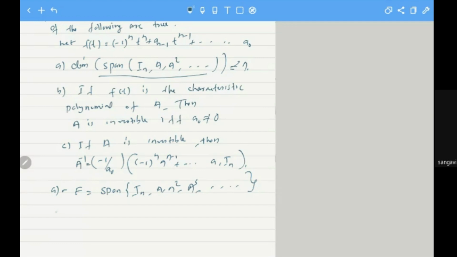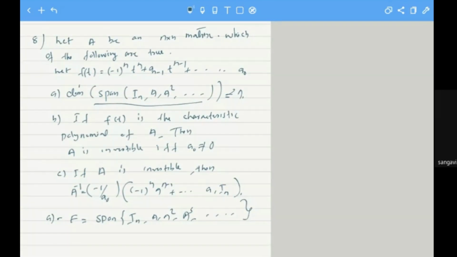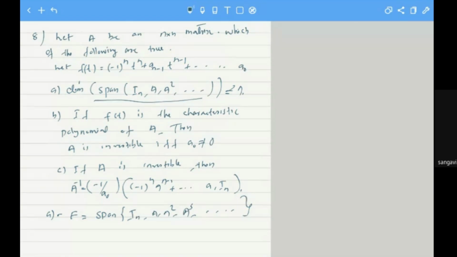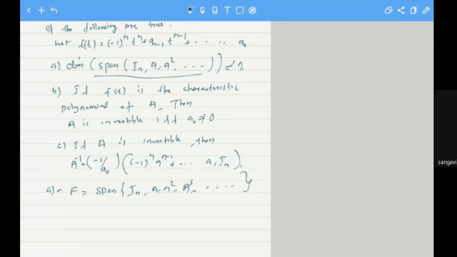Like, A is not given to be invertible or not invertible. A is a matrix. That's all we know. Okay, let's look at this. So F is the span of this space: identity, A square, A cube, etcetera. So here this is an application of the Cayley-Hamilton theorem.